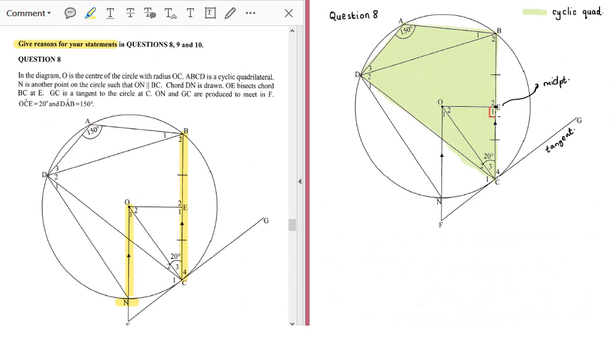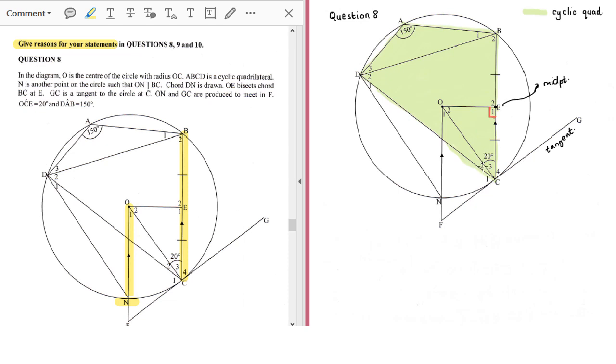All right, what else can we take out of this picture? Well, ABCD is a cyclic quad, so we know that we can have some relationship between angle A and the full angle C. We know that the sum of those two angles has to be 180 degrees. That comes from this theorem that says that the opposite angles of a cyclic quad are supplementary.